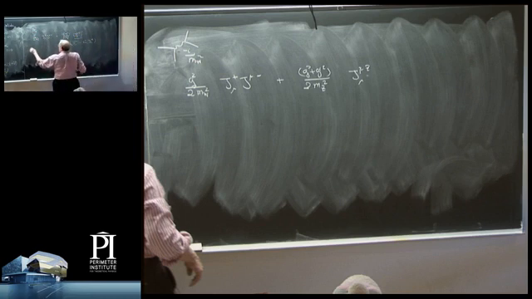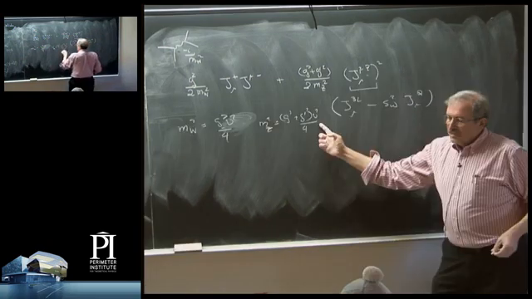We also have the relation that mw squared is equal to g squared v squared over 4, and mz squared is equal to g squared plus g prime squared v squared over 4. So the ratio of these two is exactly the ratio of what's in the numerator.